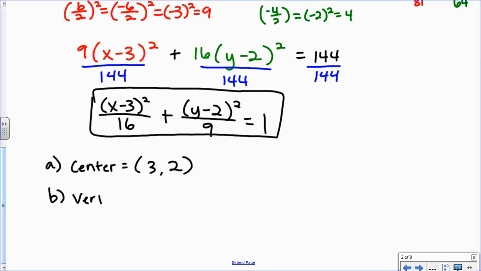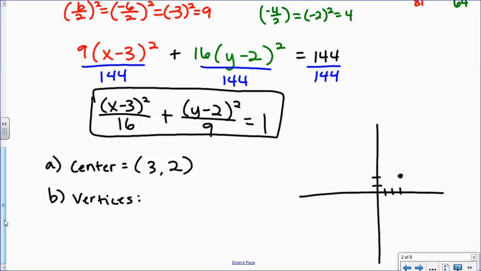And then we want to find our vertices. So at this point, I'm going to go ahead and graph the ellipse so I can find the rest of this easier. So my center is at 3, 2.